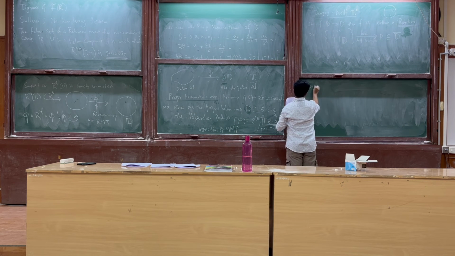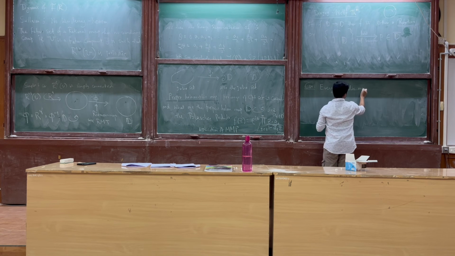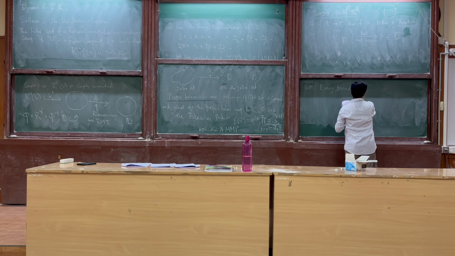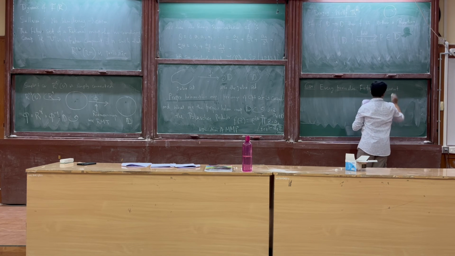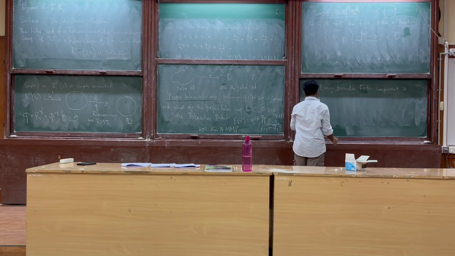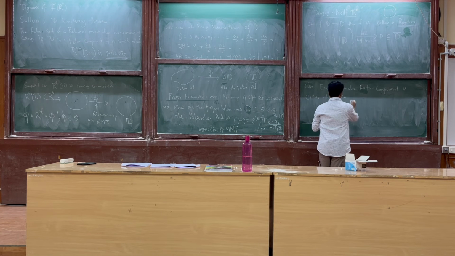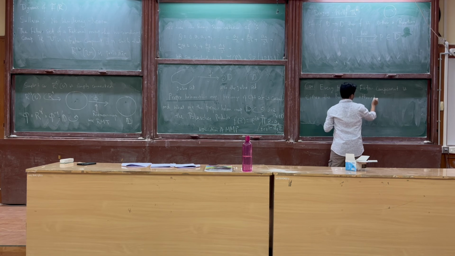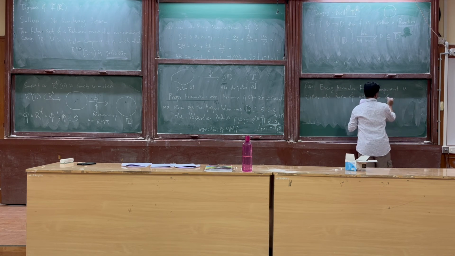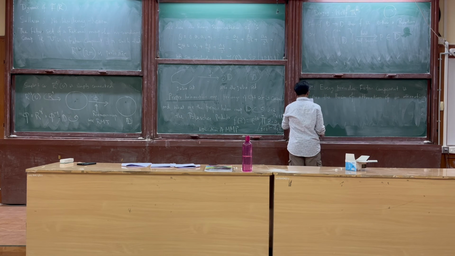So this is already every periodic map, periodic component is either the same or a fraction of an attracting fixed point.